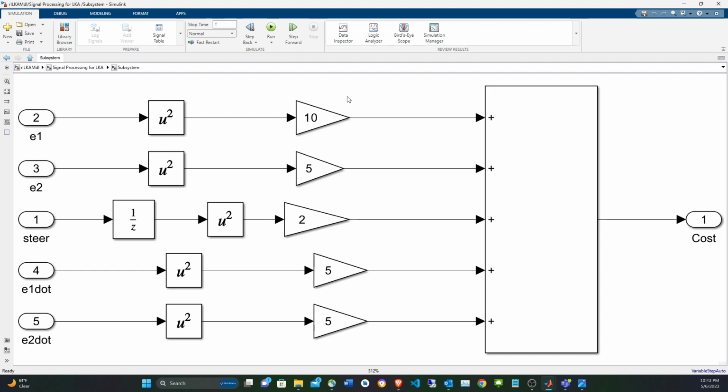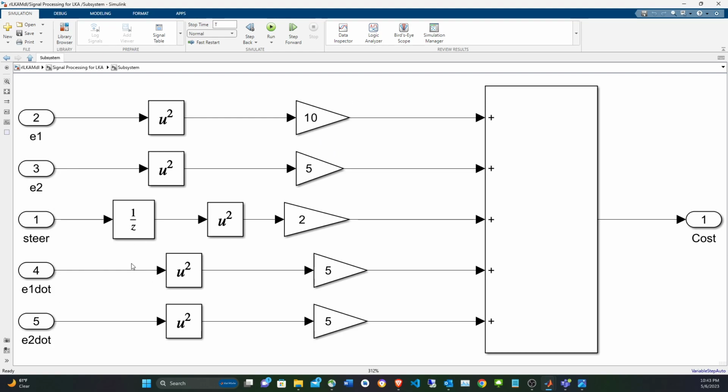So again, if you deviate, this is what's going to kill you in the problem, so that's why you give it the highest penalty. You don't want to get out of the lane, and of course you don't want the angle of the car to be that large, so you give a penalty for that. And also you give a penalty for the angular velocity and lateral velocity. You don't want those. You want those to be close to 0.